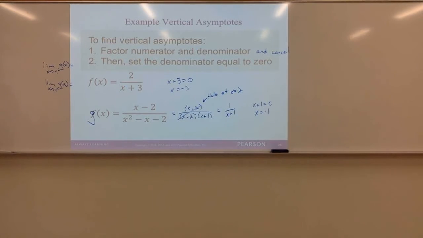Okay? You don't have to plug them into the original function. So what did we get here? What's the limit as x approaches -1 from the left? Positive infinity? Is that what everybody got? Nobody else is giving an answer.